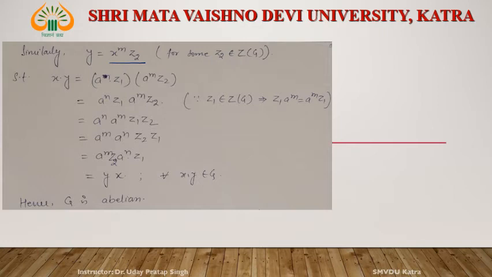Now xy, what is xy? x is a^n z1, and what is y? y is a^m z2. Sorry, this is z2. Wait one minute.